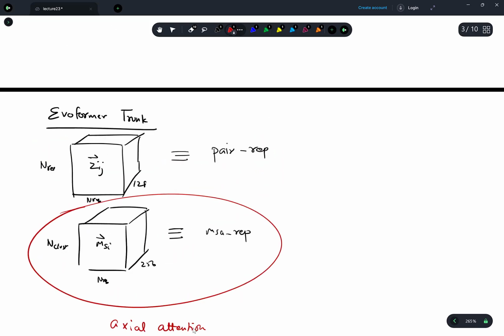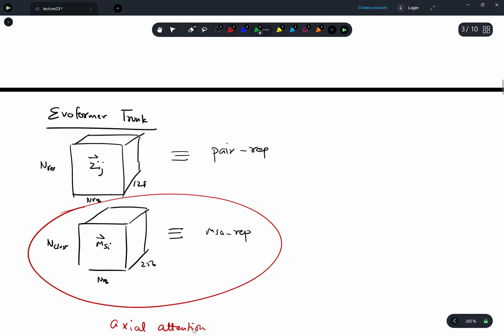That information will then be combined with the pair representation, so you do the MSA axial attention first, combine it with the pair representation, and now on the pair representation you do something else.